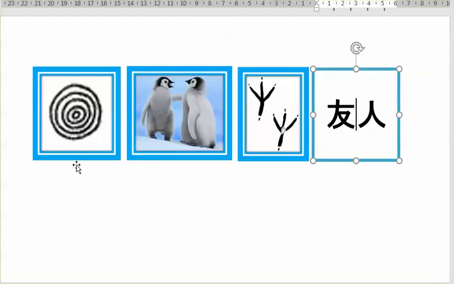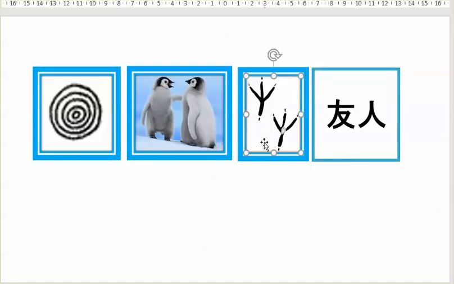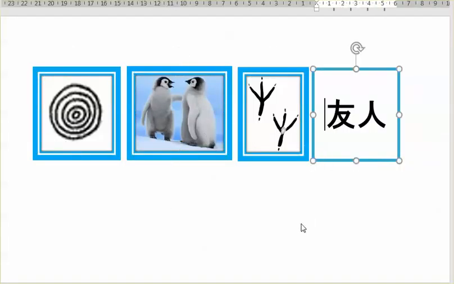So this round circle here is an Indigenous Australian symbol for gathering, fireplaces, gathering. These ones are Indigenous markings for indicating that emu was here. These are the emu's footsteps. This is hiragana for friends, and this is friends too. So in a sense, all these icons have one message, which is about friendship.